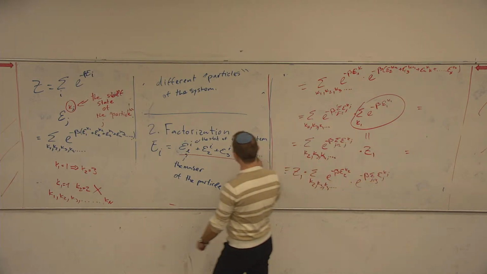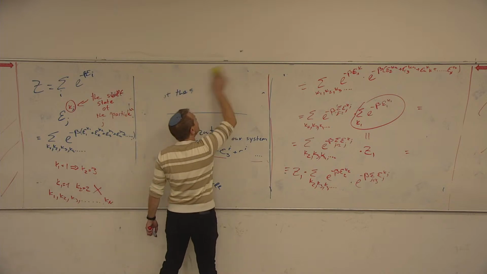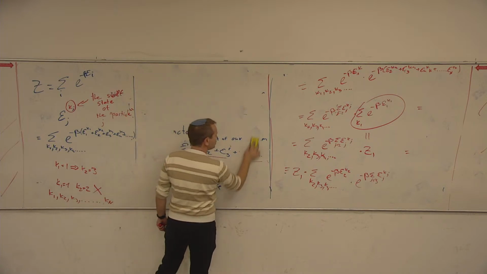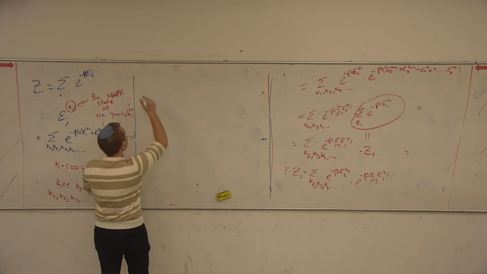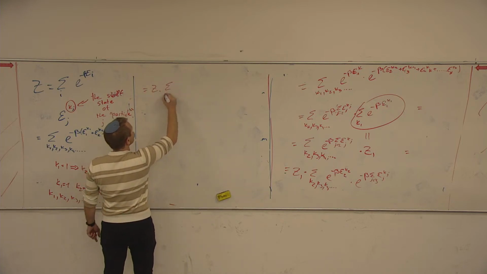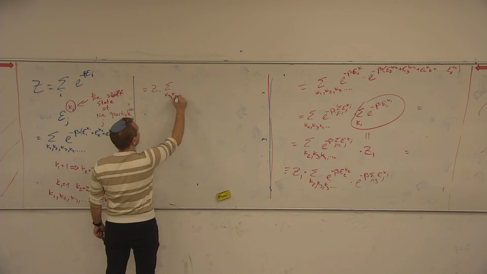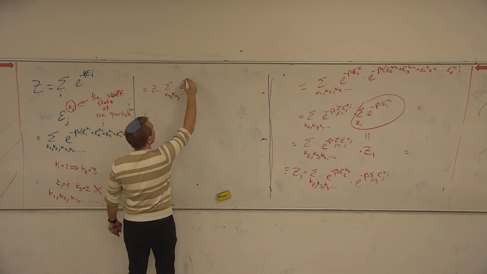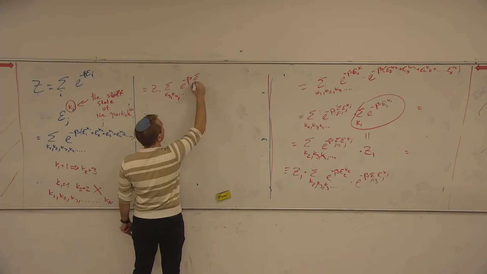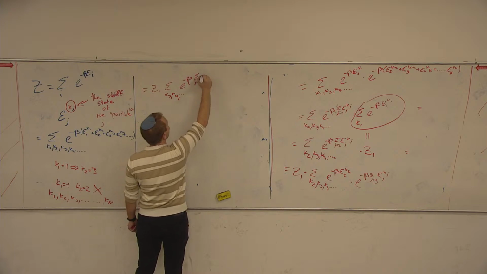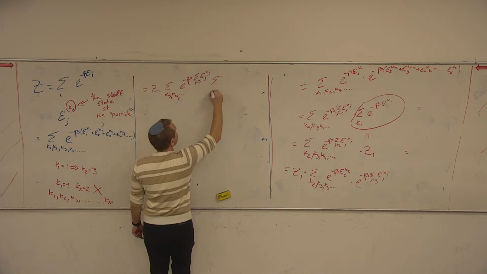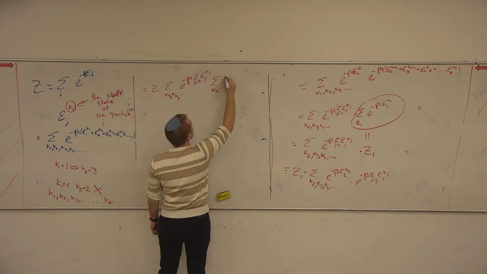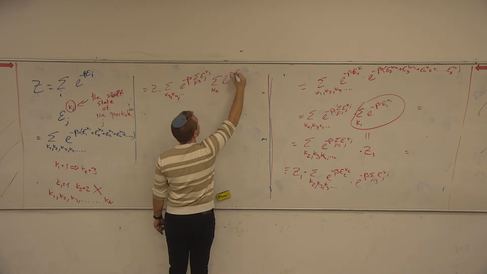And I perform the same trick again. I can change the order of the summation and write it as z1 times a summation over k3, k4, etc. of e to the power minus beta sum over j from 3 of epsilon j kj, times a summation over k2 of e to the power minus beta epsilon 2 k2.